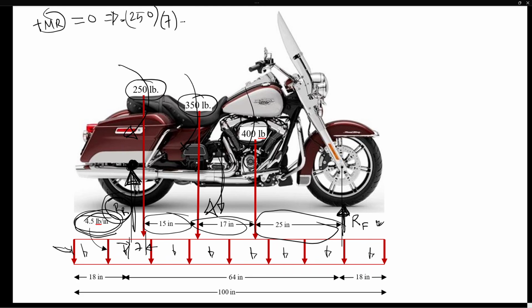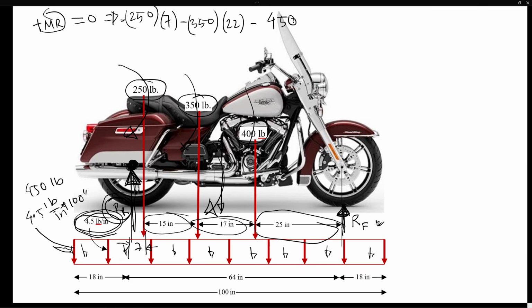And then that 350 rider weight will also cause a negative moment, and that is 7 plus 15, which is 22 inches, minus that distributed load, which is 4.5 pounds per inch, and you've got a total 100-inch long motorcycle. So that's going to be 450 pounds total loading, and that's going to act exactly from the middle of that rectangle.